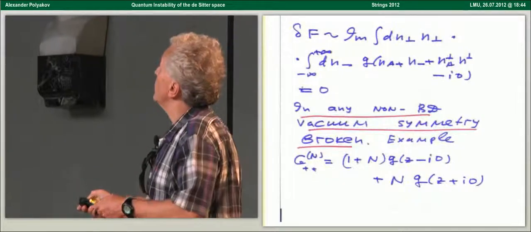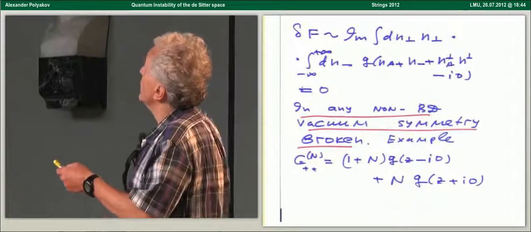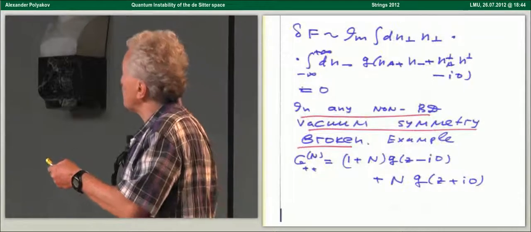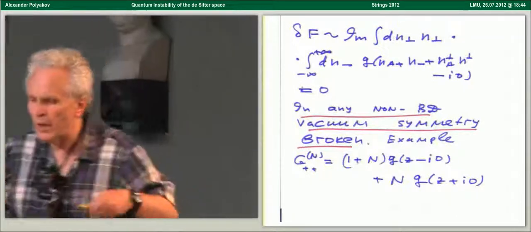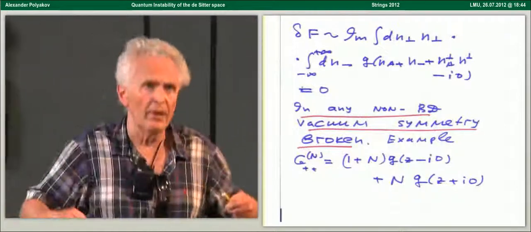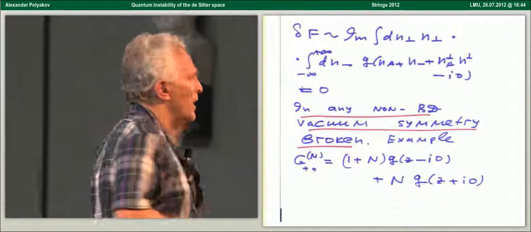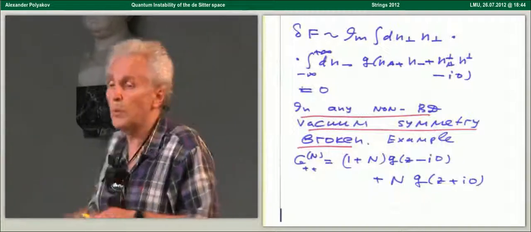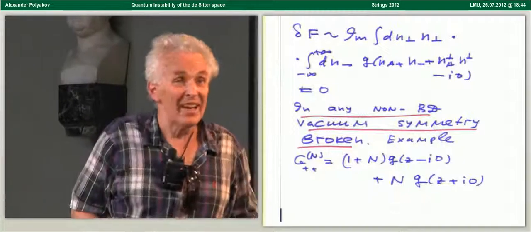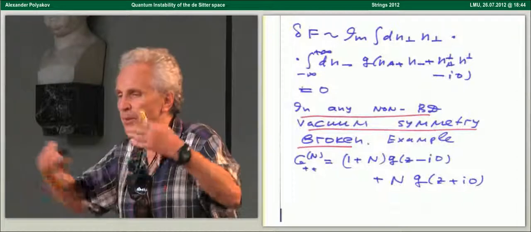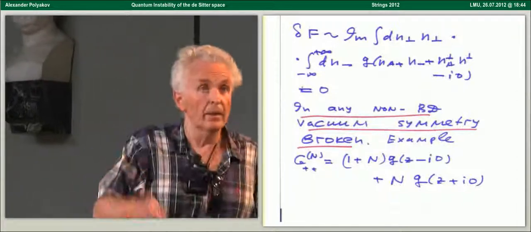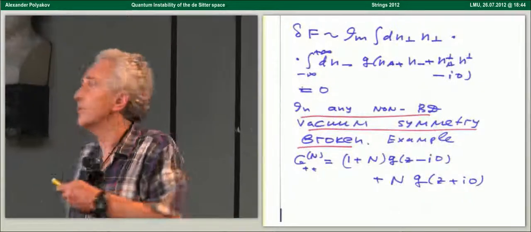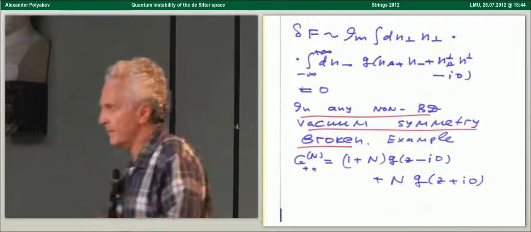you come to the conclusion that if you have the Bunch-Davies vacuum, because of the analytic properties of the Green functions, the violation of de Sitter symmetry goes away. If you have any other vacuum, or you make a small perturbation of the Green function, then the breakdown of de Sitter symmetry is 100%.